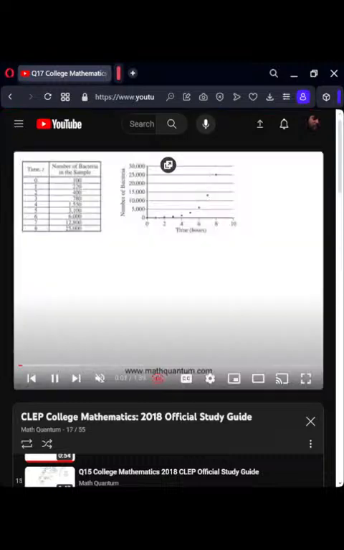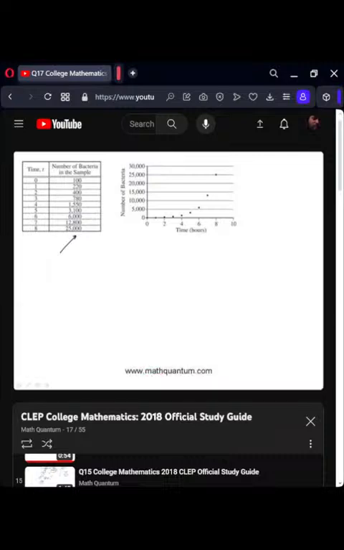So here we're given data that a scientist observed about bacterial growth in a sample, and this is a scatter plot of that same information. We're given 4 functions and need to identify the one that best models this. What we can do is select specific points and test to see which one gives us the closest answer.